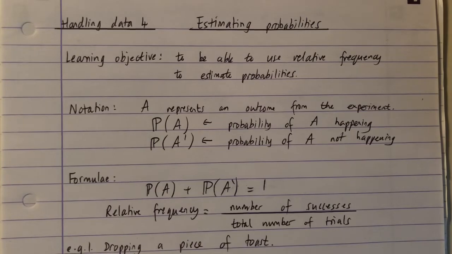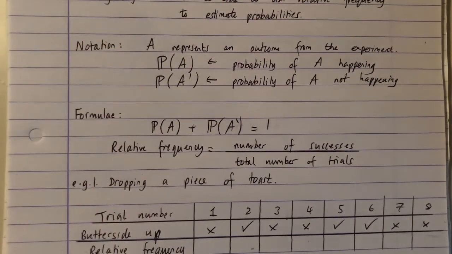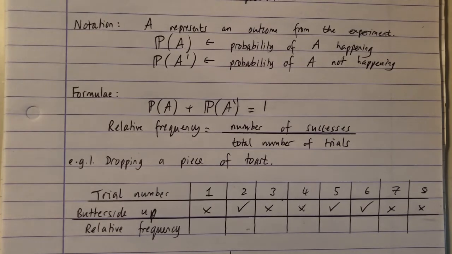So e.g. number 1 is a really popular type of experiment they do in GCSE probability questions. It is dropping a piece of toast, and the event is whether it's going to land butter side up or land butter side down.